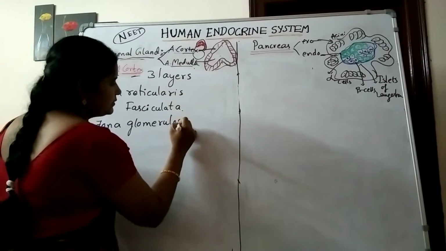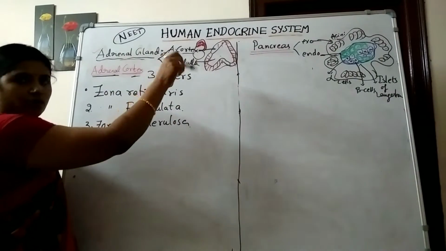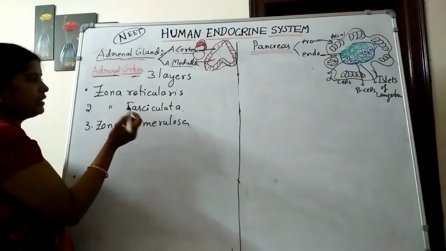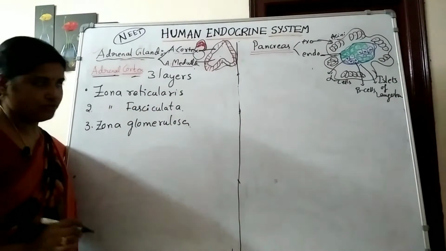These are the three layers. Listen carefully. The adrenal cortex is the outer surface of the adrenal gland, and it is made up of three layers: zona reticularis, zona fasciculata and zona glomerulosa.